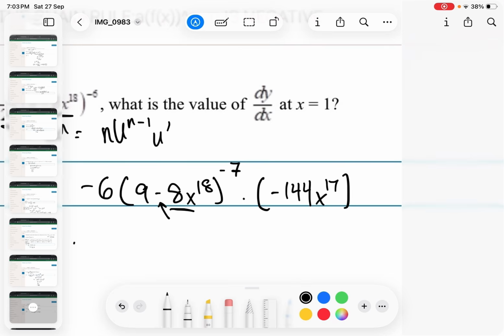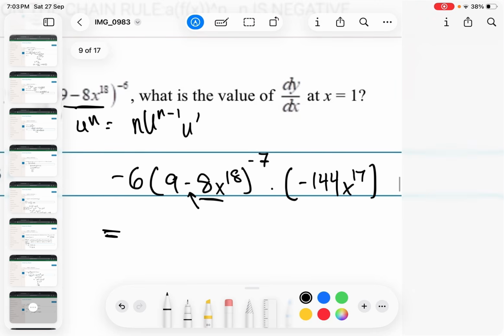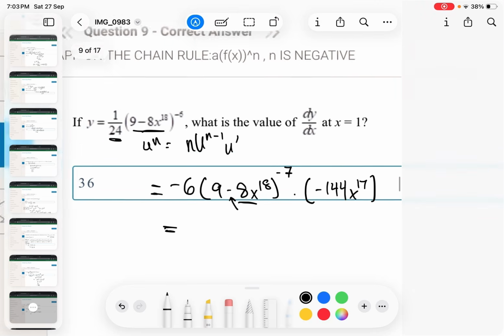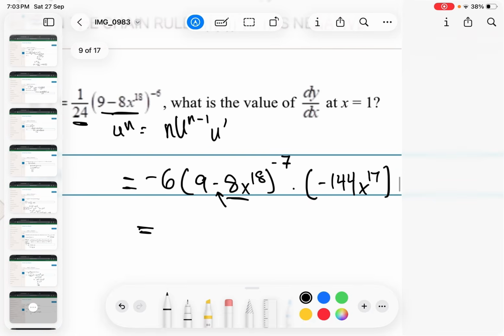Then you continue solving: minus 144 times negative 6, so the negative will go. 144 times 6 is 864x to the power of 17 times 9 minus 8x to the power of 18.